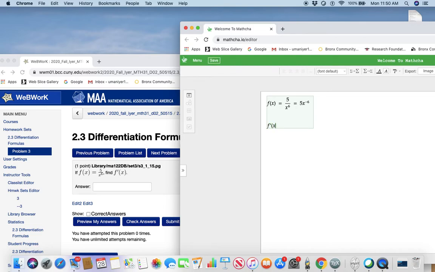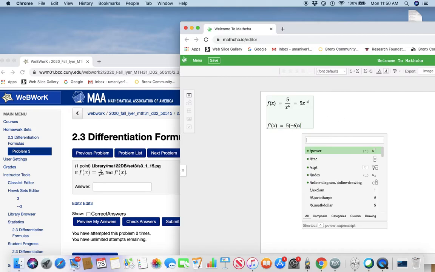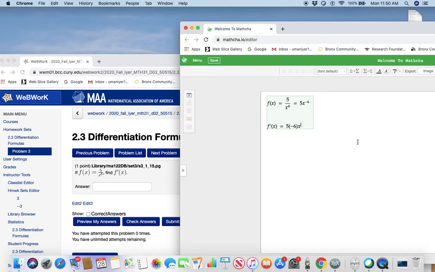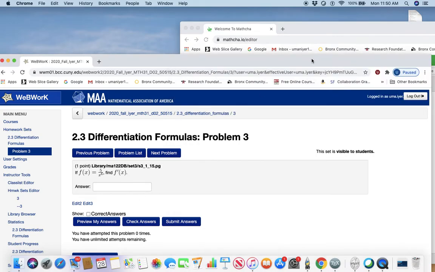So the derivative, well, the power comes down. So 5 times negative 6, and the power is reduced by 1. So in other words, negative 6 minus 1. You see? Negative 6 minus 1 is negative 7. That's your derivative. So let's write this carefully.